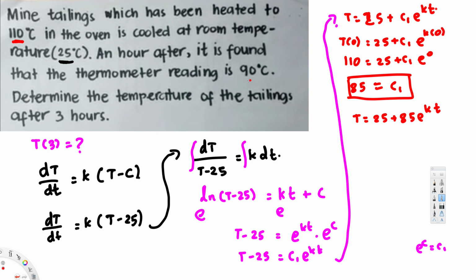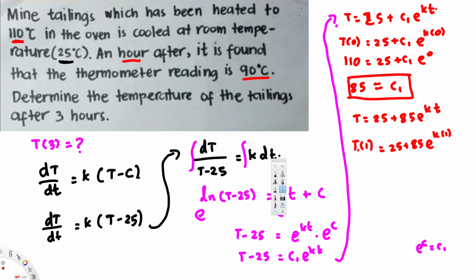Now we have another piece of information provided. An hour after, it is found that the thermometer reading is 90 degrees Celsius. So we have the time and the temperature at that time. So we can use that to find this constant. Okay, temperature after 1 hour is going to be 25 plus 85 e power k times 1.